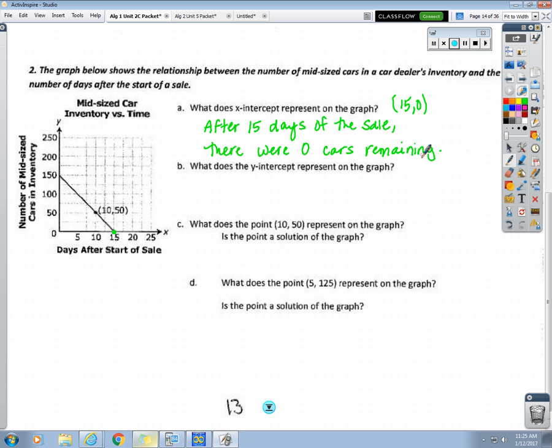Well, what is the y-intercept? 0, 150. And what do those numbers represent? So maybe we should say the dealership had 150 cars before starting the sale.